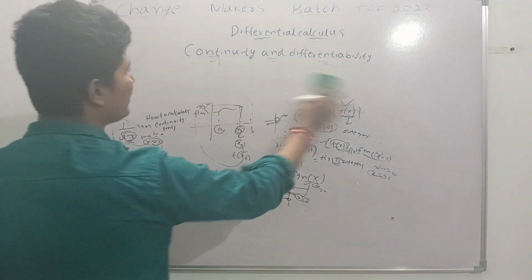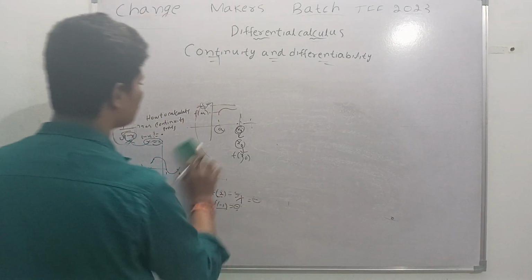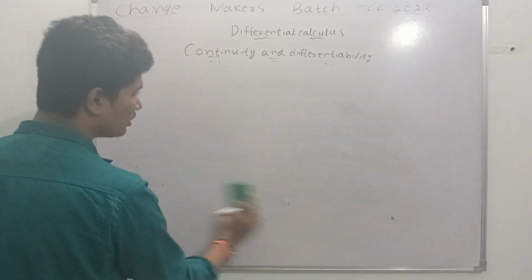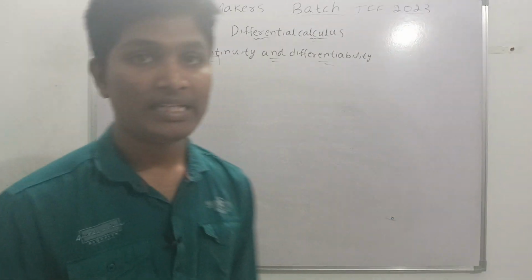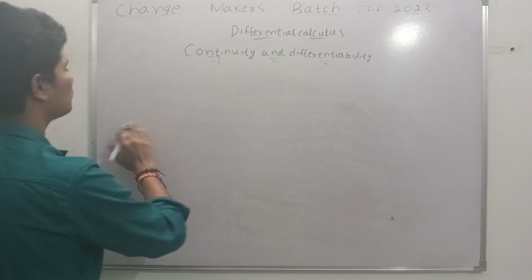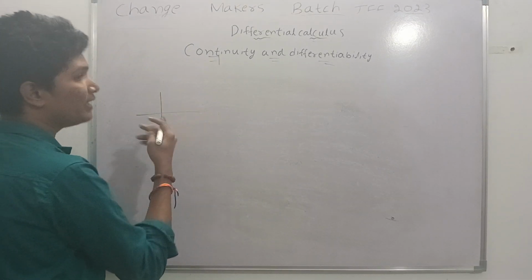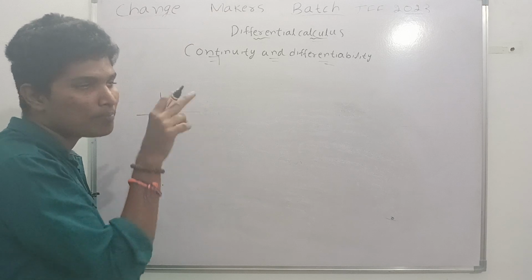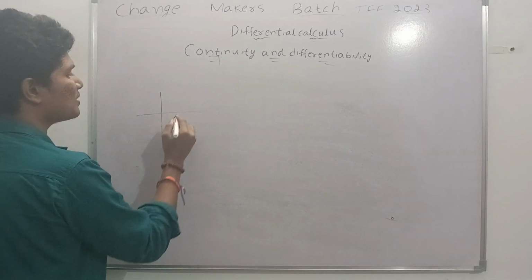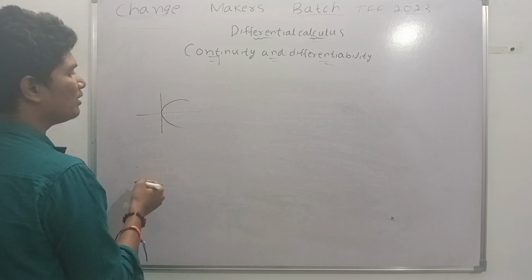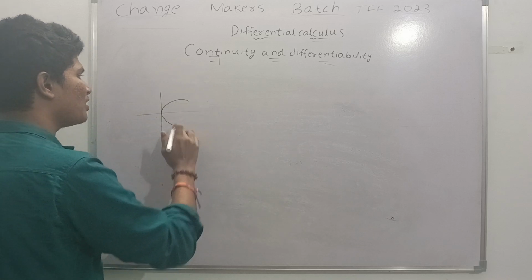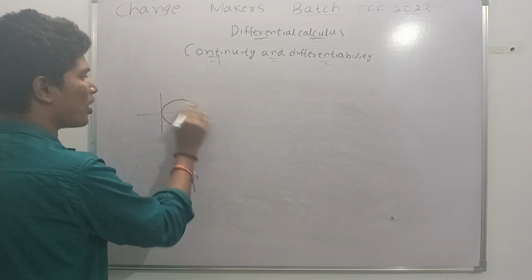Now discuss the differentiability. How can you say a function is differentiable? Differentiable means it should have a slope, that is, we can differentiate that function. Suppose we take this parabola, is it differentiable? Yes, it is differentiable everywhere. We can differentiate the curve at any point.